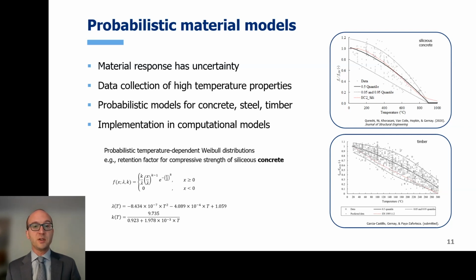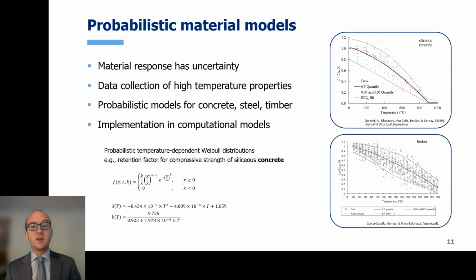We found that the distribution was well captured by a Weibull probability distribution, and we proposed equations that give the parameters of the Weibull distribution as a function of temperature. So now we can code these material models in our computer software that are probabilistic and that capture the variability in material response. So this enables probabilistic risk assessment, also using computer models.